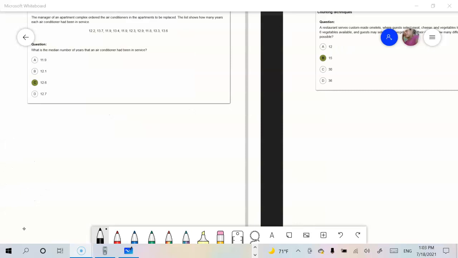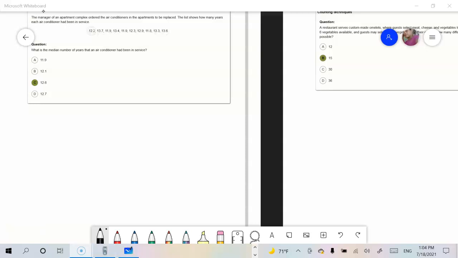These problems are more about statistics than geometry. So let's read this one. It says, the manager of an apartment complex ordered the air conditioners in the apartments to be replaced. The list shows how many years each air conditioner had been in service. So we have how many air conditioners? We have 1, 2, 3, 4, 5, 6, 7, 8, 9, 10 air conditioners.